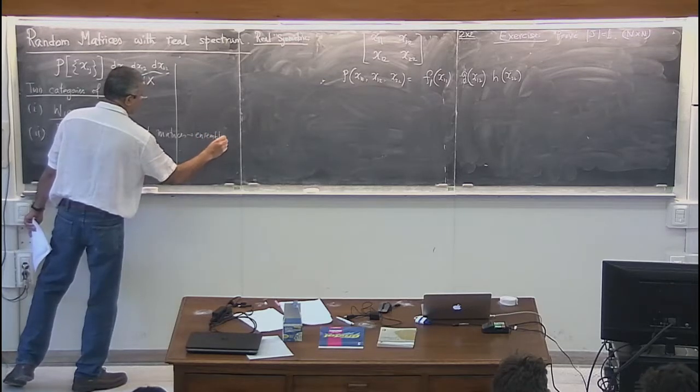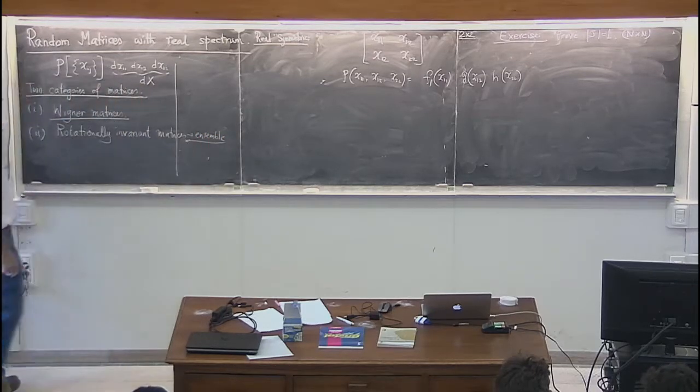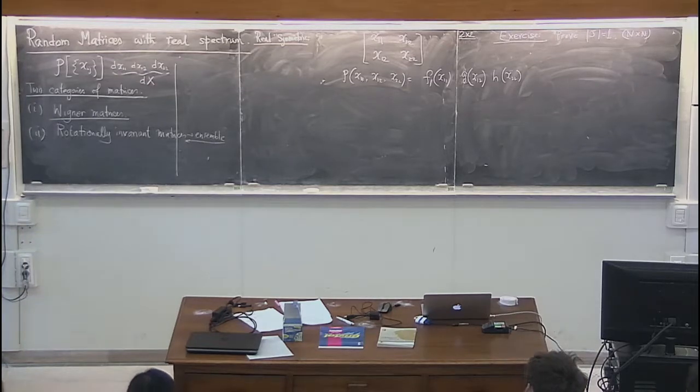What does rotationally invariant ensemble mean? This naturally comes up in the context of nuclear physics that I discussed. Imagine you are describing your nuclear spectrum; it should not depend on which basis you are looking at in your Hamiltonian. So you can make a change of basis, and the probability distribution should be invariant under this change of basis.